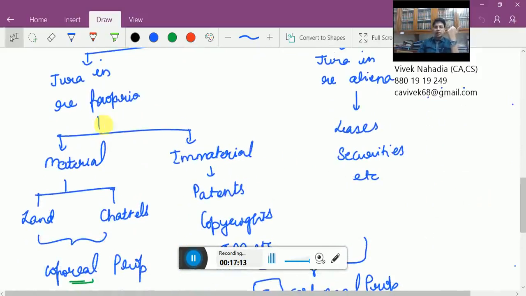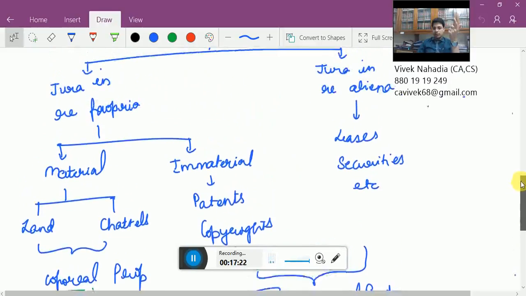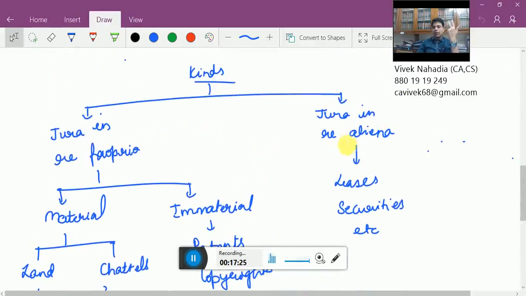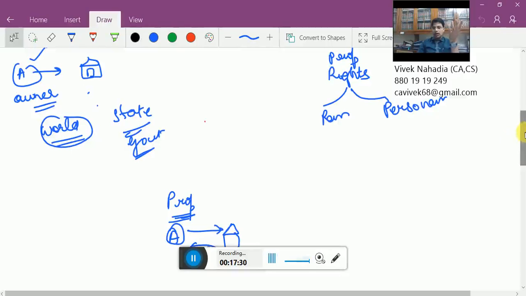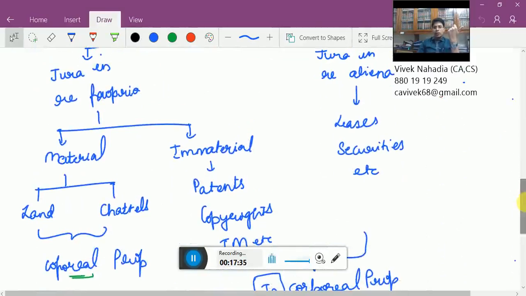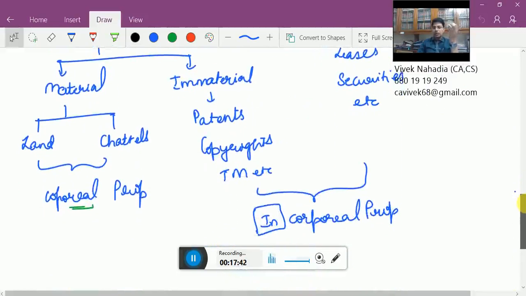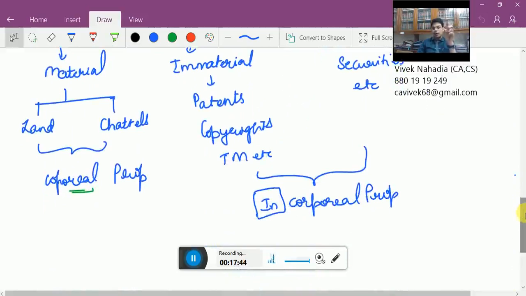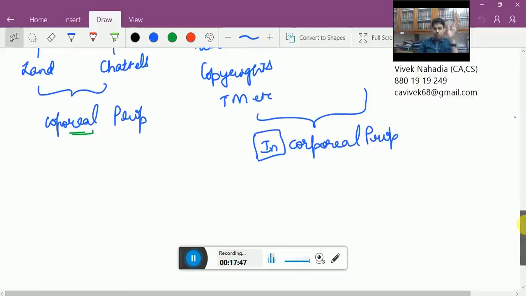As the name suggests, material includes land, chattels, and these are corporeal property. Immaterial includes patents, copyrights, trademarks, etc. Then jura in re aliena talks about leases, securities, etc. And ultimately what we know is whether it is jura in re aliena or jura in re propria immaterial, these are the immaterial properties, and that's why these are called incorporeal properties. This is what we have discussed till now.